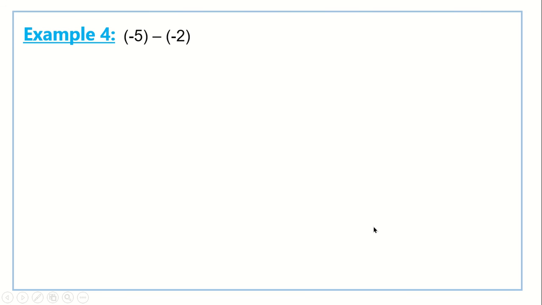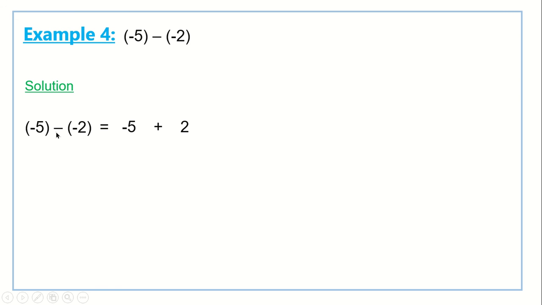We look at example 4. We have got negative of 5 minus negative of 2. Remember, a negative of a negative gives us a positive. So we have negative 5 plus 2.